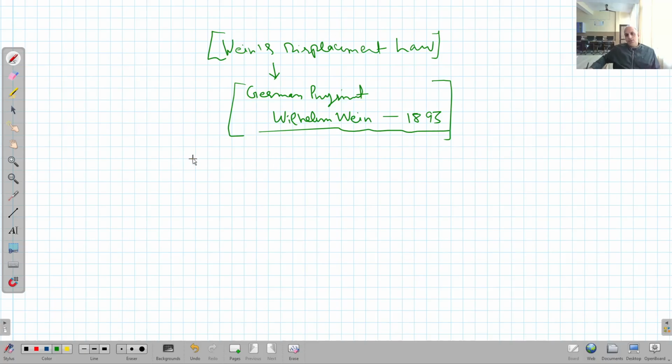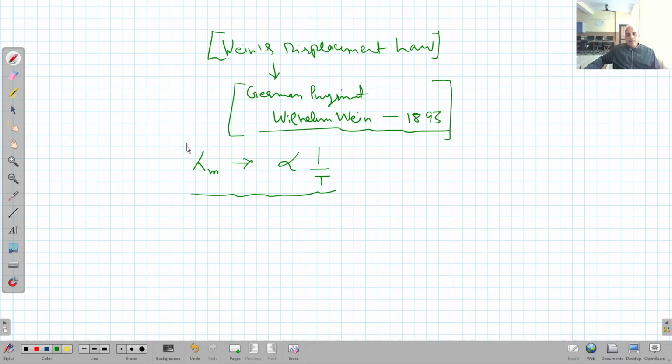If I go to the statement of this law, then according to Wien's displacement law, the wavelength lambda m corresponding to the maximum energy is inversely proportional to the absolute temperature T of the body. Clear?